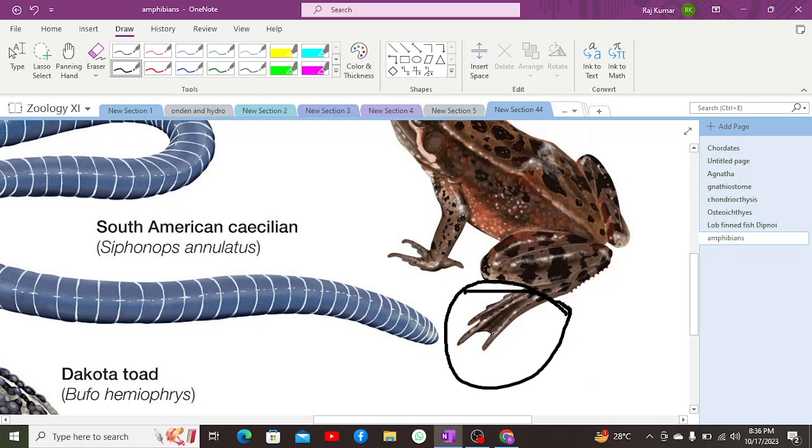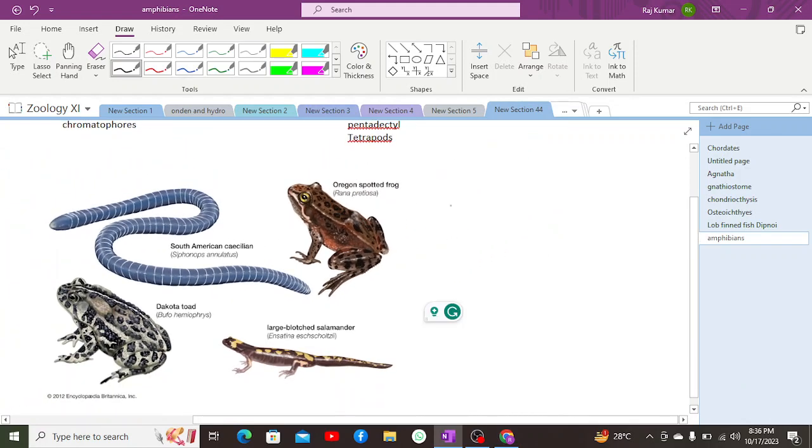Mostly these are 4 to 5 digits, which are webbed together in the form of a web. As you can see, there are several spaces filled in between them. So this is how their feet are formed.